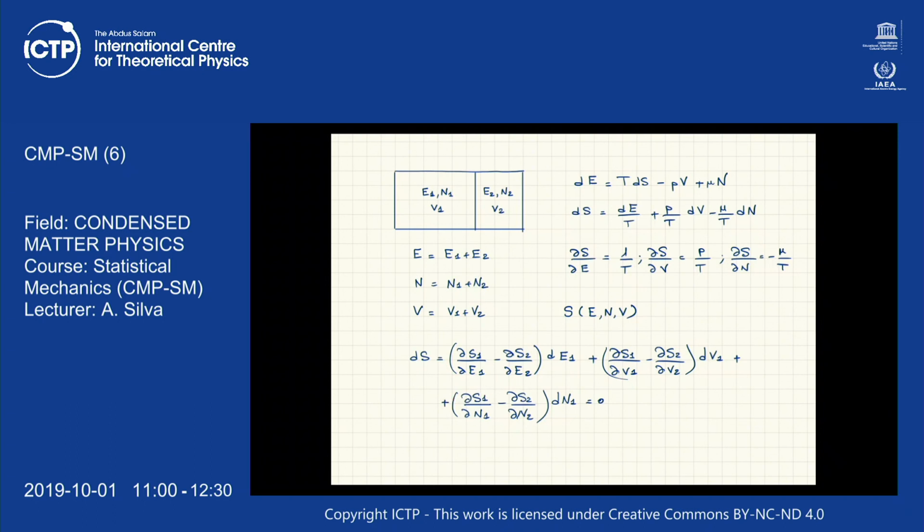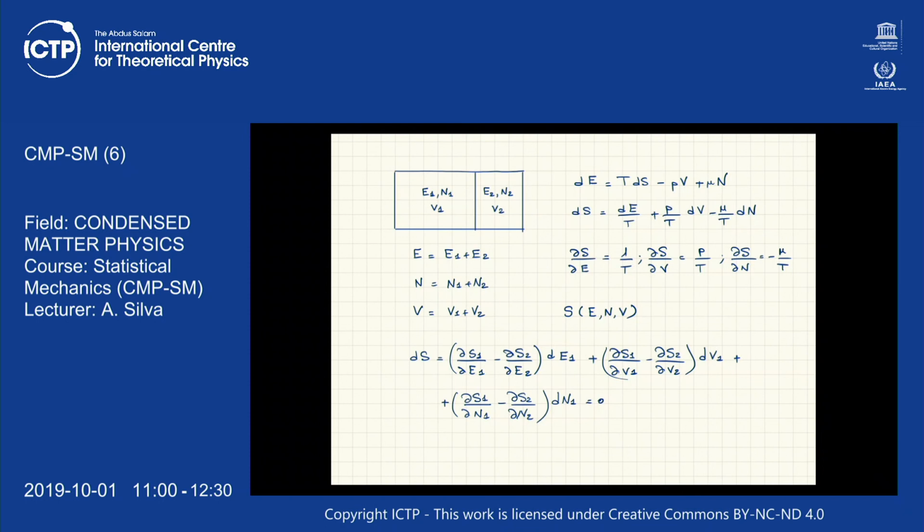But then, the fact that each one of these terms has to be equal to 0, for example, tells us that dS1/dE1 has to be equal to dS2/dE2. What does this mean? dS1/dE1 is equal to 1 over T1. The temperatures have to be equal. This is something obvious that we all know.